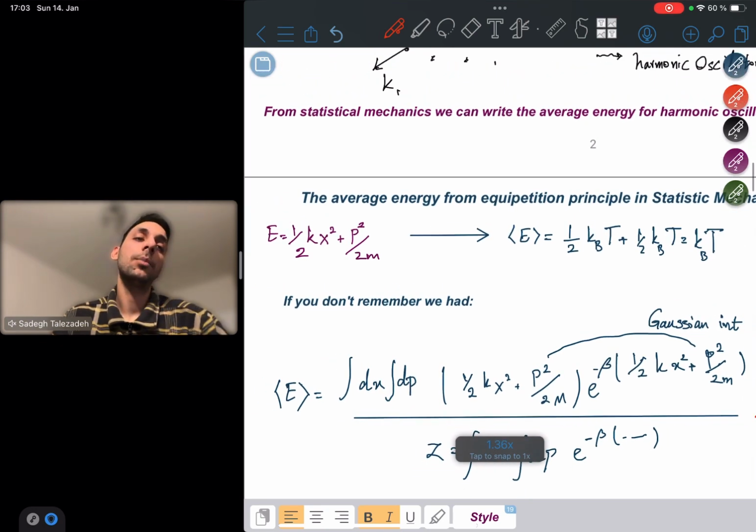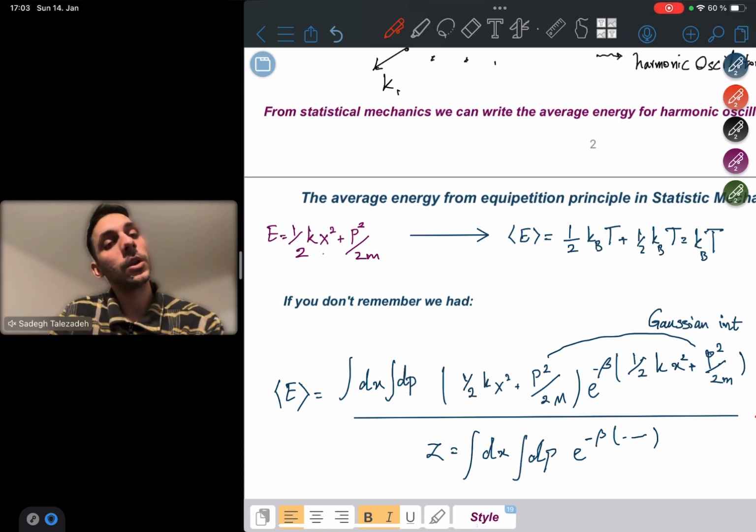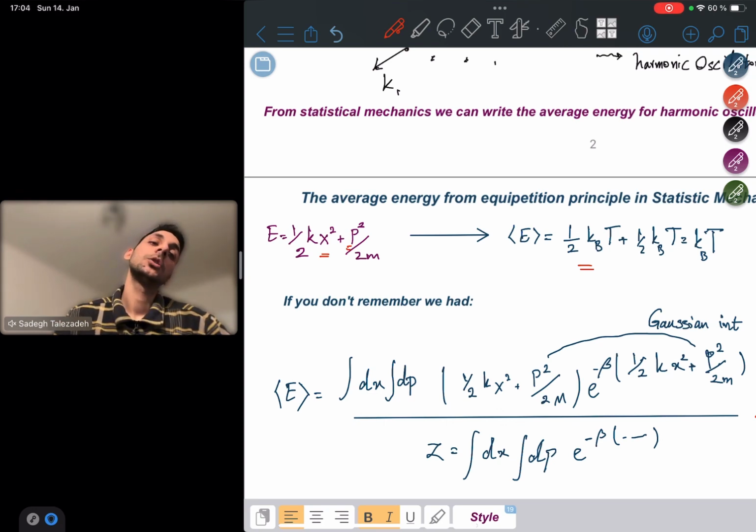And from the equipartition principle in statistical mechanics, we know that every square term has 1/2 kBT of thermal energy. So we have 2 terms, therefore we have kBT.